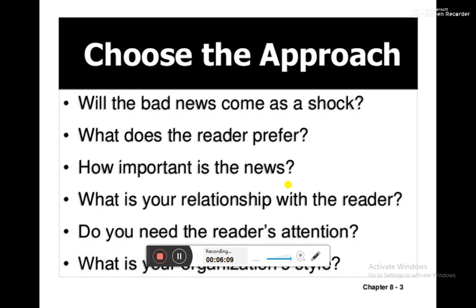Also ask, will the bad news come as a shock? The direct approach is fine for many business situations in which people understand the possibility of receiving bad news. However, if the bad news might come as a shock to readers, use the indirect approach to help them prepare for it.